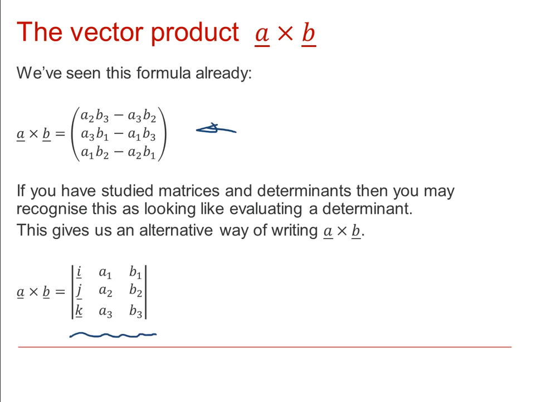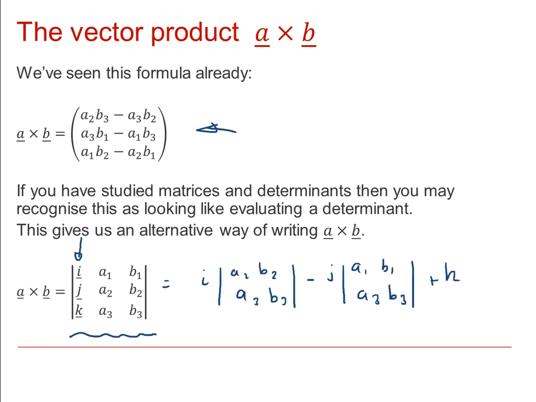Just to check through that, using the top row to evaluate it, this will be i multiplied by the determinant of a2, b2, a3, b3, and then minus j multiplied by the determinant of a1, b1, a3, b3, and plus k multiplied by the determinant of a1, b1, a2, b2.